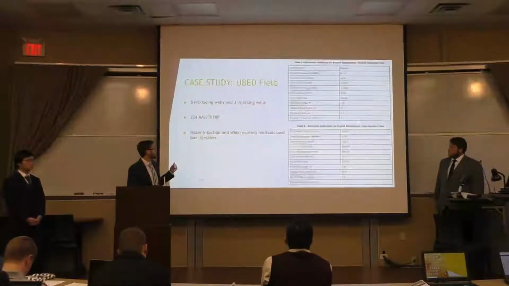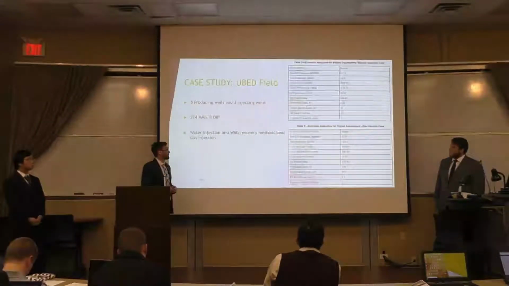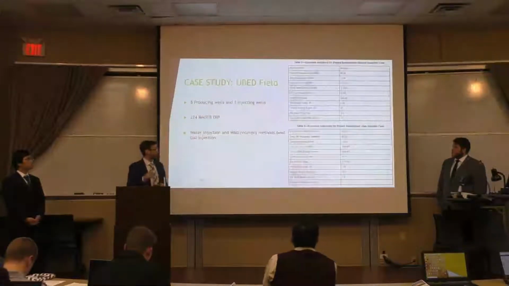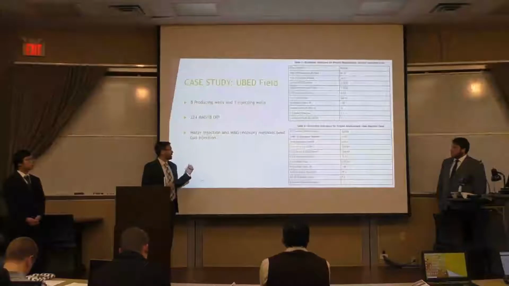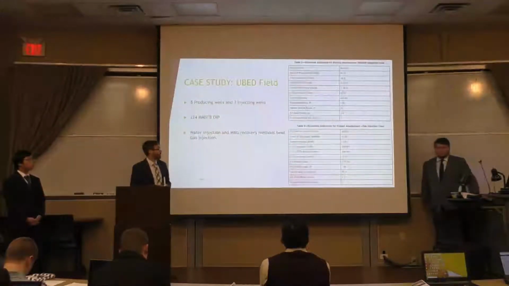They had an initial predicted 224 million STB, and while the gas injection did come out as the lowest of the 3 enhancement projects, WAG and water injection beat it only by a little bit.